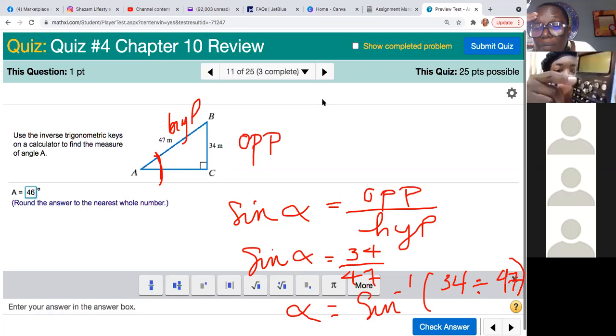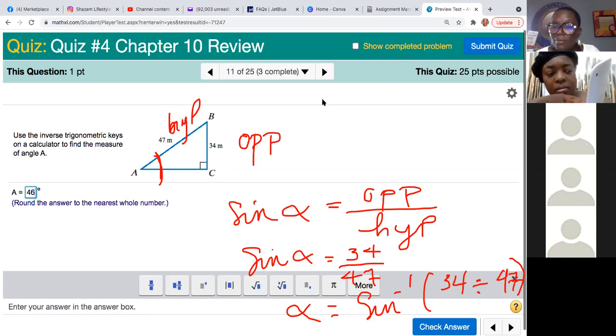Go to the sine button, S-I-N, and hit it. Okay, and then type in the number in the numerator divided by the one in the denominator, and then hit enter.